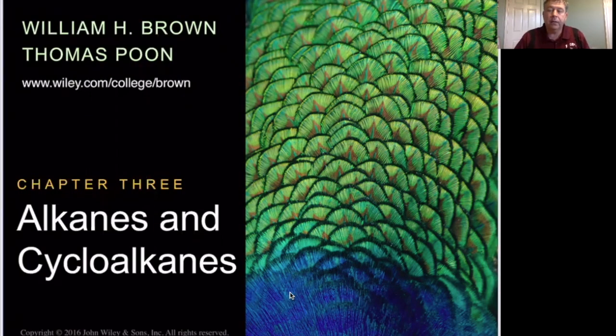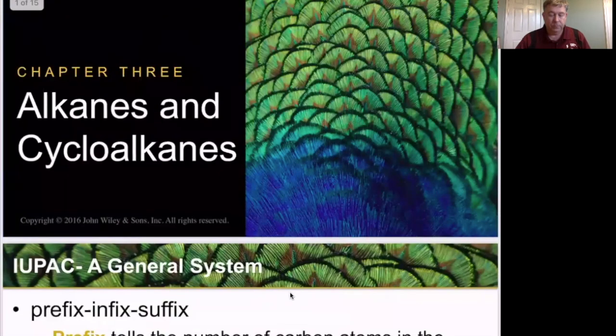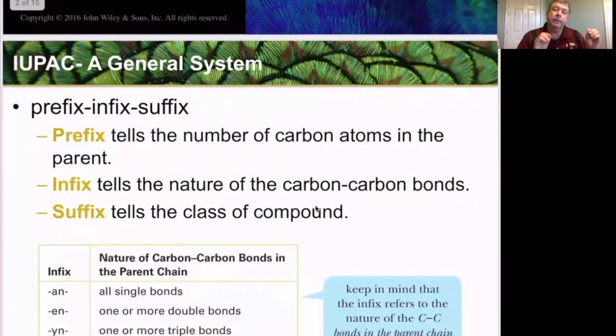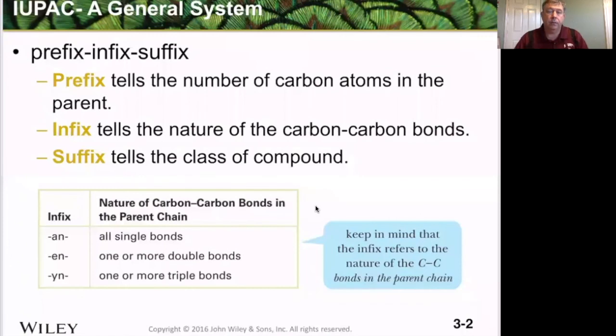And we will continue with Chapter 3, Part 3: Alkanes and cycloalkanes. Okay, so we're going to continue looking at the IUPAC system for naming things, and we're going to further define our hydrocarbons here.